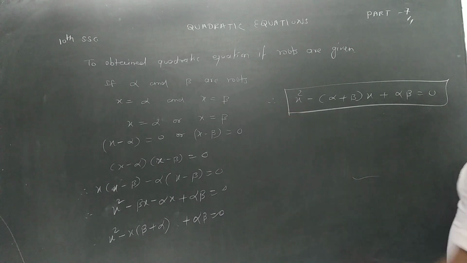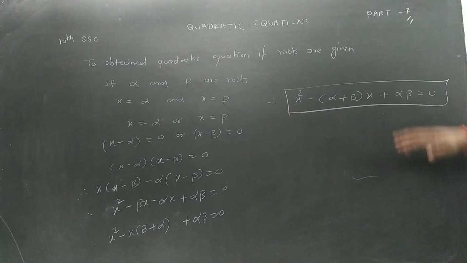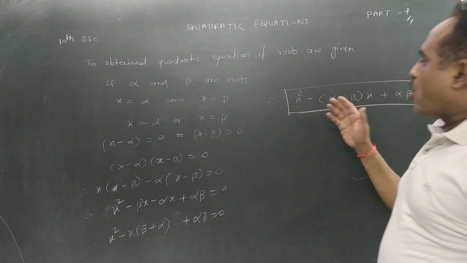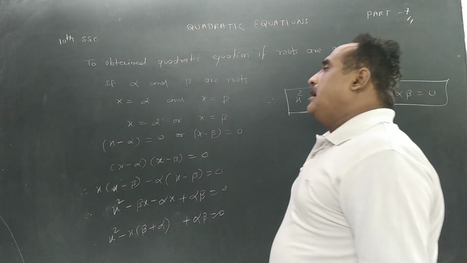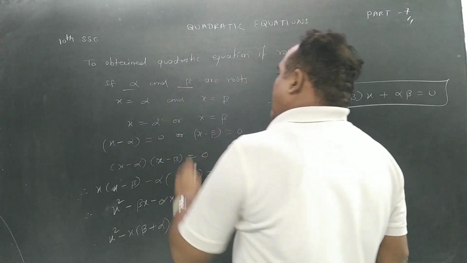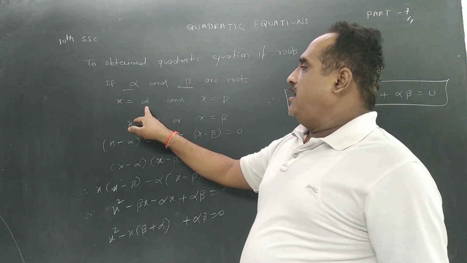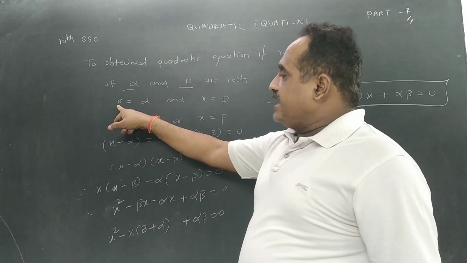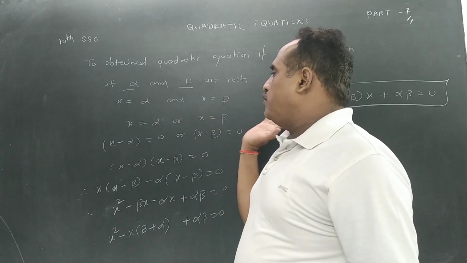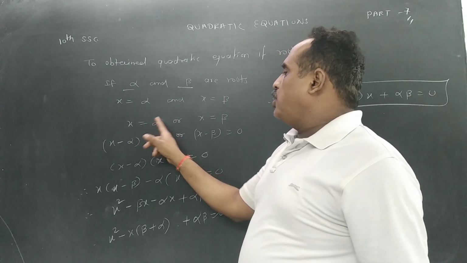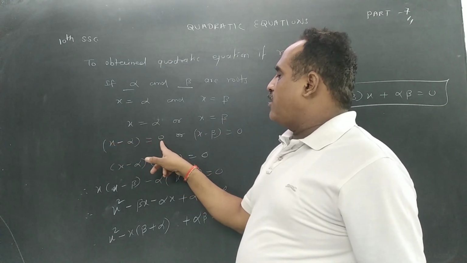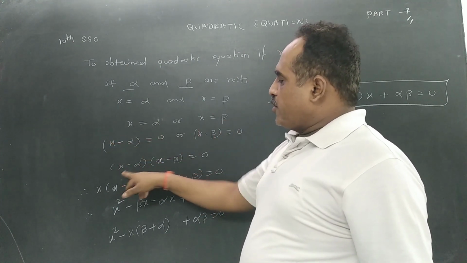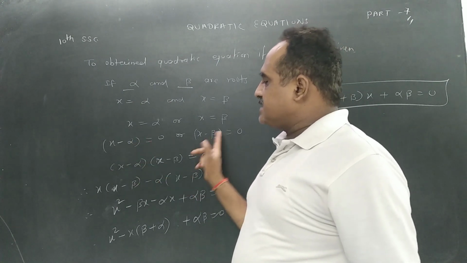By this way, we are going to find out the quadratic equation when roots are given. Once again, if alpha and beta are the roots, x is equal to alpha or x is equal to beta, means if I transfer on this side, I got 0, so the product of these two was 0, that's why I got these answers, no?